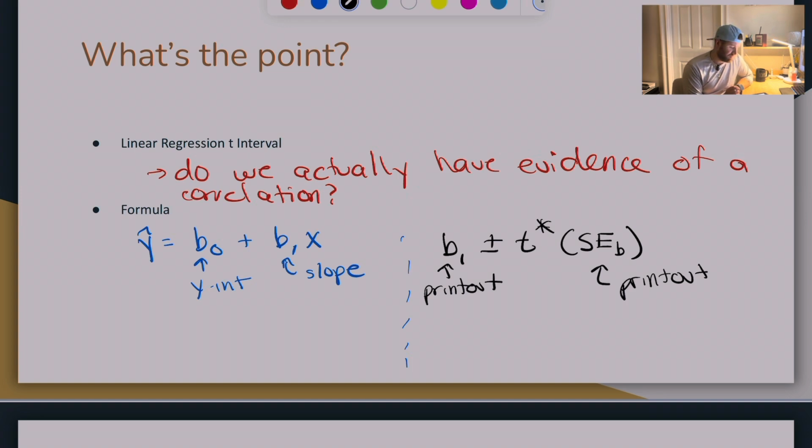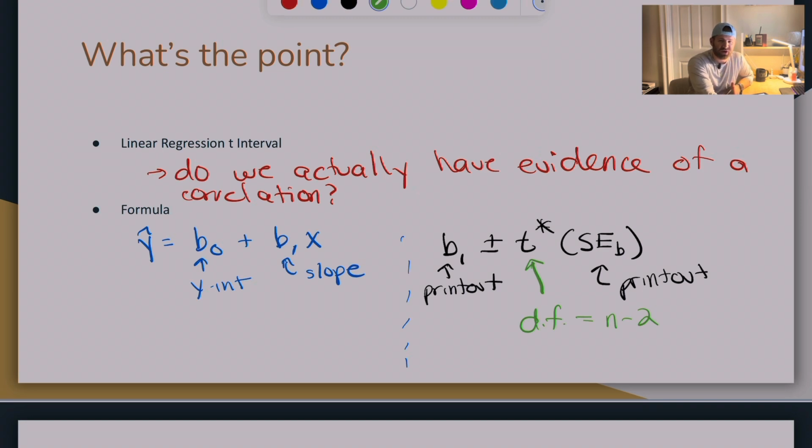That's very important. Now, the other important thing here is to get your t-critical value, if you have to find it yourself. Here, instead of having n minus 1 degrees of freedom, we have n minus 2 degrees of freedom. The way that I like to explain it in a way that helps it make sense to people is that before, when we had one variable, we lost 1 degree of freedom.